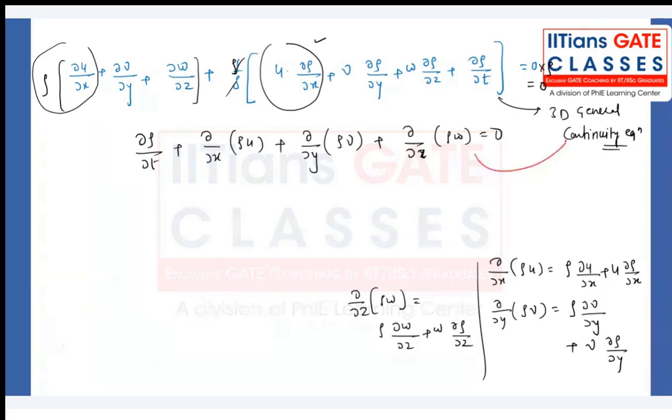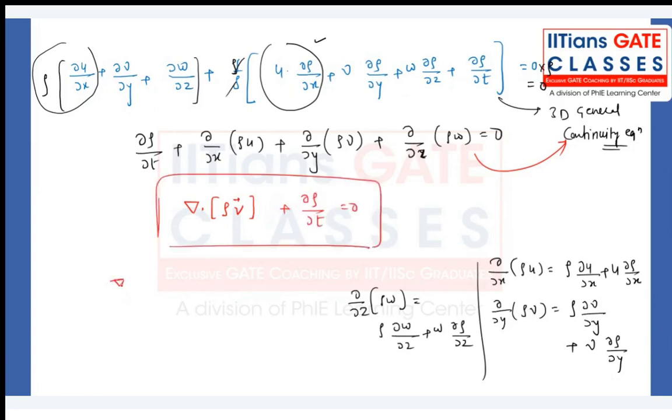That is also the 3D continuity equation. When you write it in the vector calculus format, you can write del dot rho v plus dou rho by dou t, that is equal to 0.